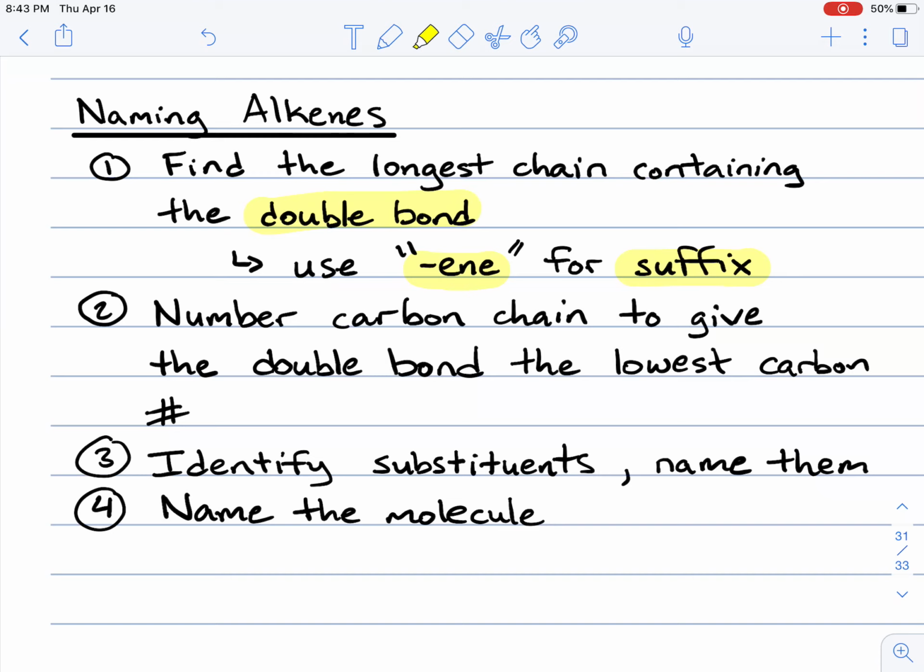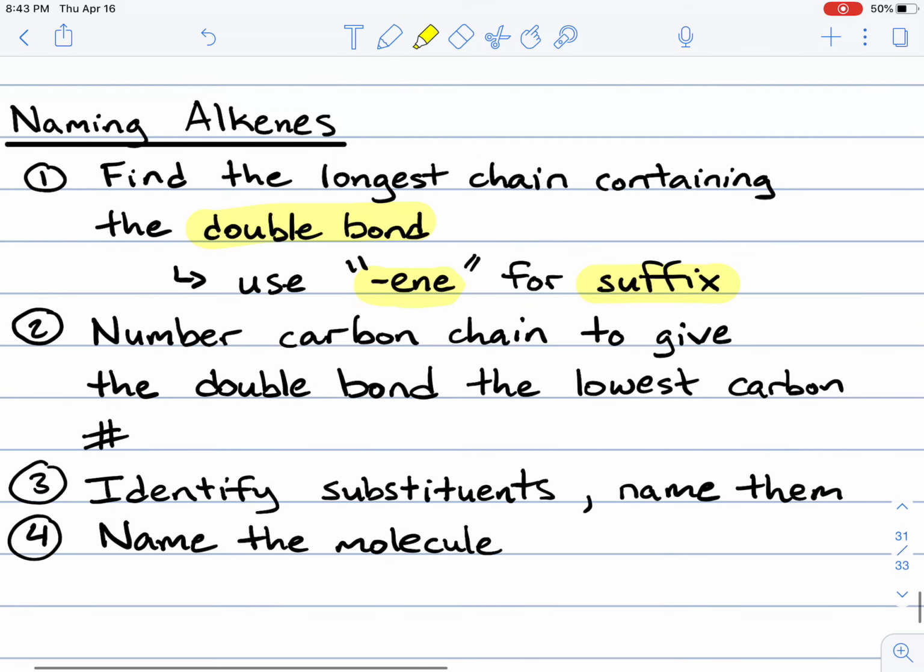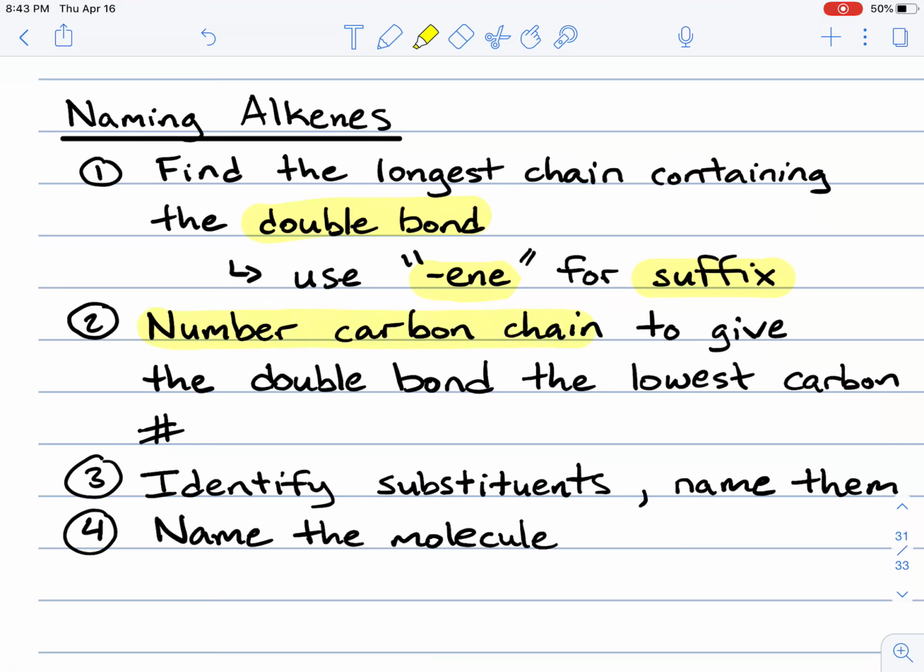And so next you're going to number the carbon chain such that the double bond is given the lowest carbon number. And so in this specific scenario, you're going to see that there's a priority that's given to certain functional groups.